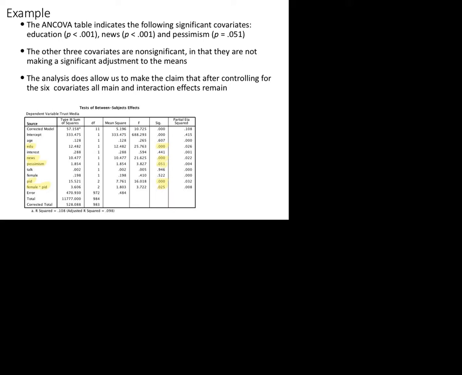And so, for example, age, the F value is 0.265. The significance level is 0.61. And the effect size rounds to 0 at 3 decimal places. And so, as we saw earlier, there's not much of a relationship between age and whether somebody trusts the media or not. And that's also exemplified here.